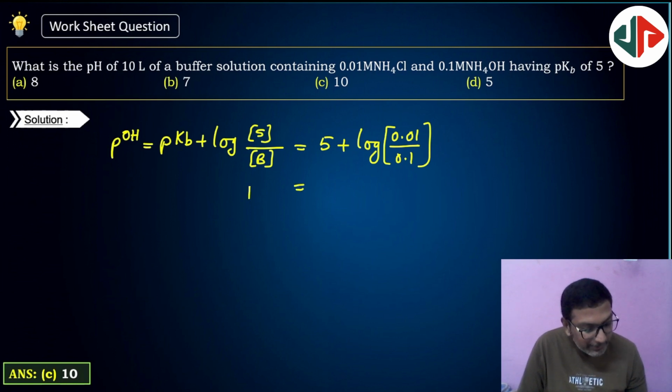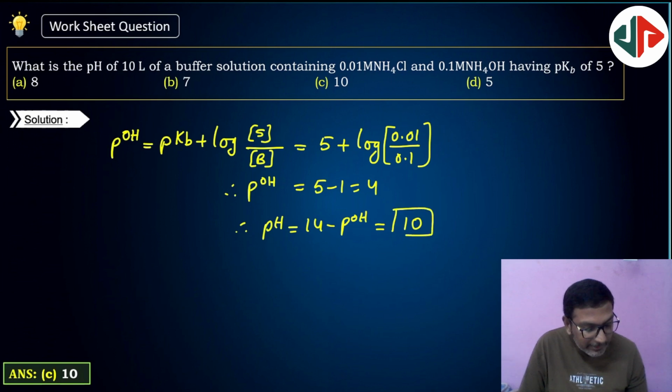So 1 by 10. Therefore pOH equals 5 minus 1, which is 4. Therefore pH equals 14 minus pOH, which is 10. 10 is the answer. Option C. Next.